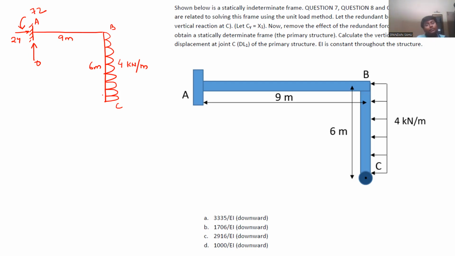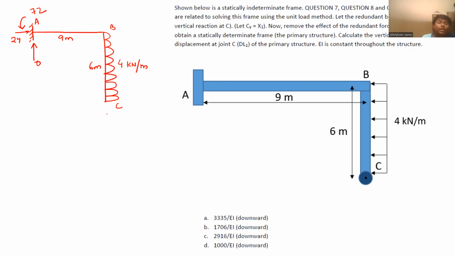Now they are asking you to calculate delta L1, the displacement of joint C, by what amount joint C is going downward. All options are downward, so obviously C is going downward, and from the figure also C can't go upward.